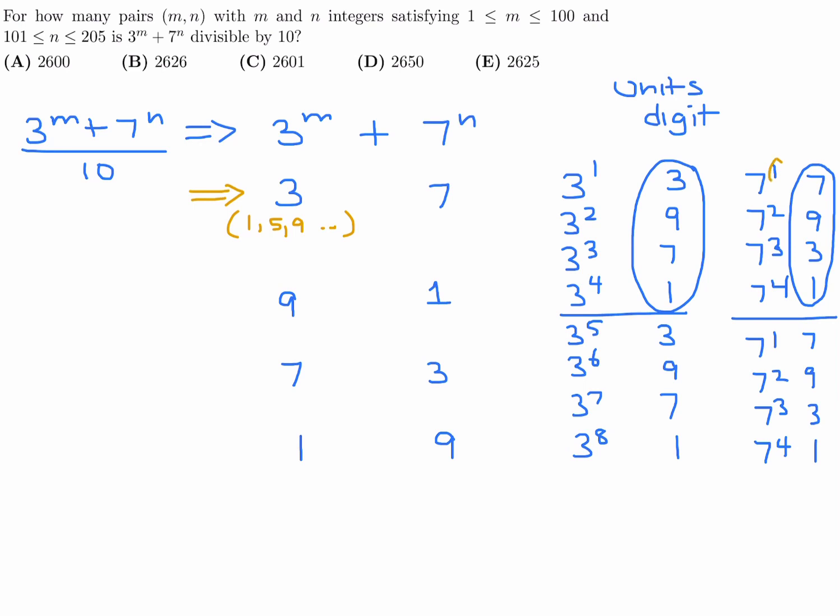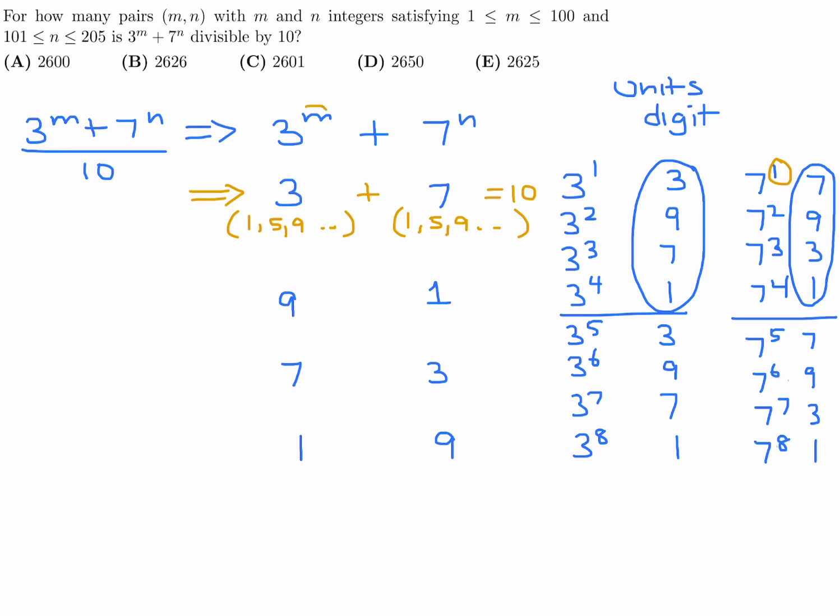So that means the exponent of 7 would be either 1 or 5 or 9 and so on, right? So 1, 5, or 9 and so on. And any of those would satisfy the fact that 3 plus 7 is 10, and that would make it divisible. But I have to figure out how many are there.